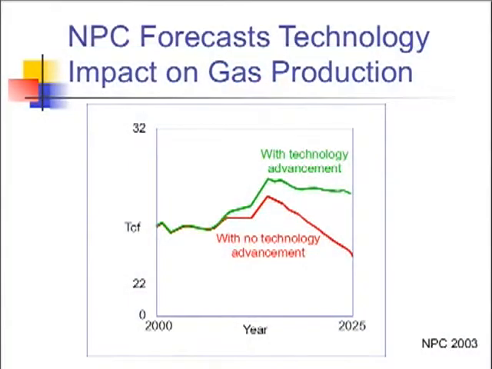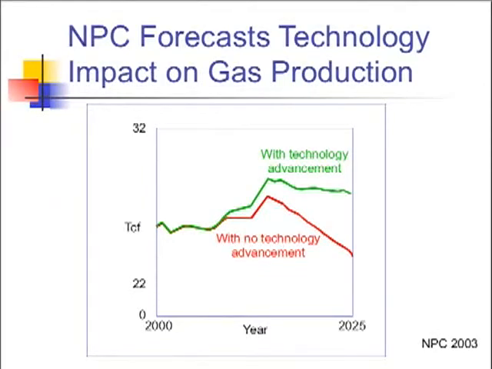The curve that I have shown on the slide now shows the results that come from no advancement in technology, with technology frozen in place as it existed at the time of the study.